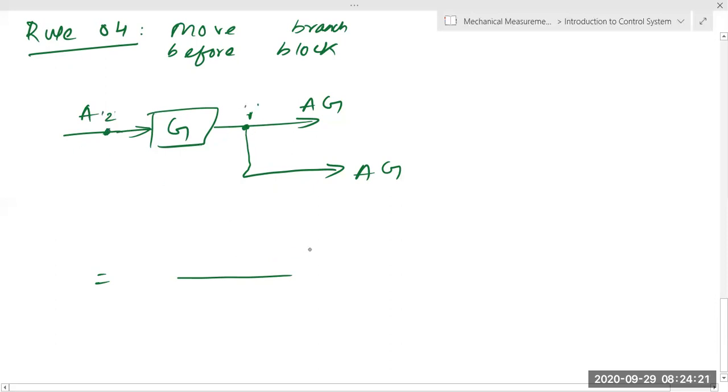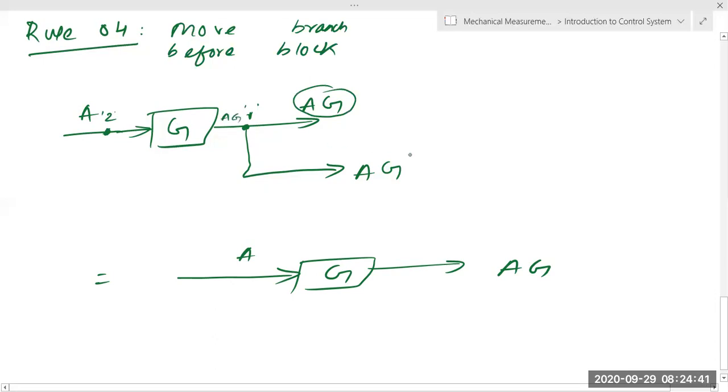Earlier we had G, we had A, and this was giving AG, which is totally fine. Now we want another signal as AG only, because this is the branch out signal. What is coming out of this block is AG, so we want the branch out signal to be AG.